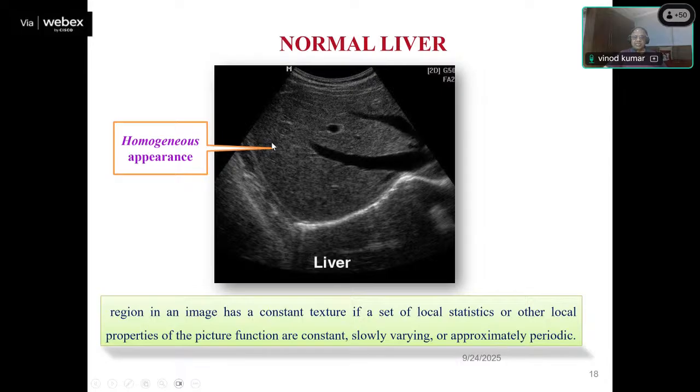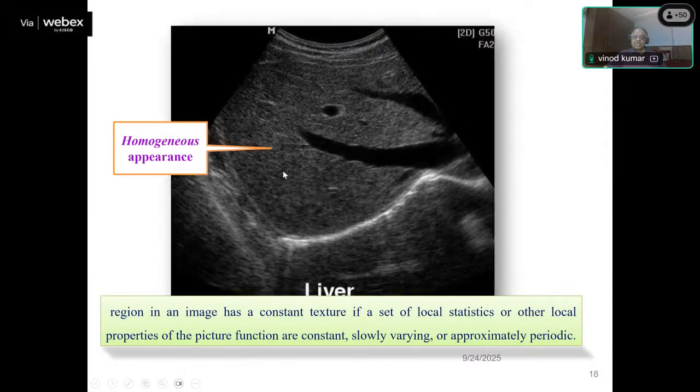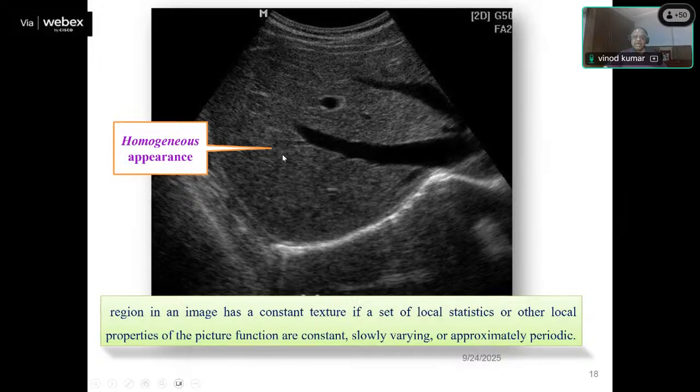You will say that this is not homogeneous, since there are bright spots and black spots. But in ultrasound, because of the scattering of the ultrasound, this type of texture is taken as homogeneous.